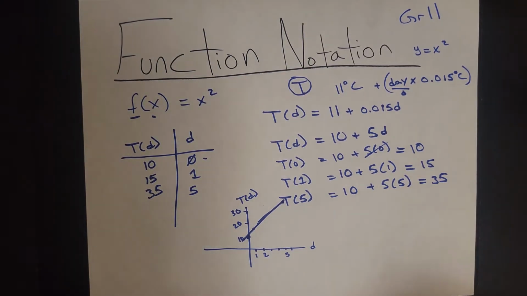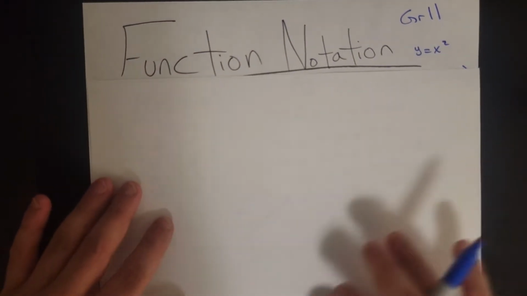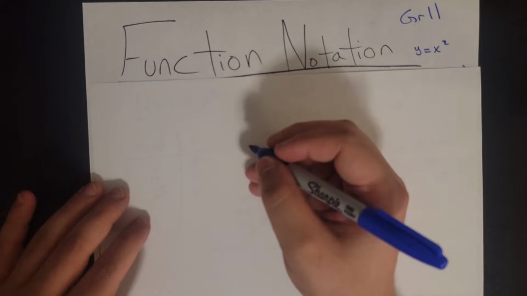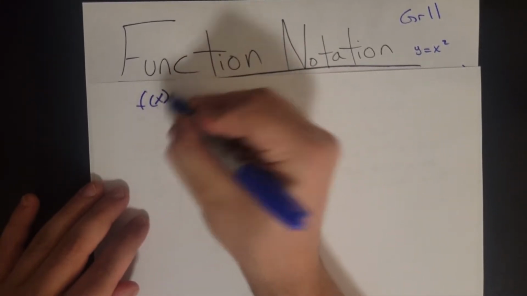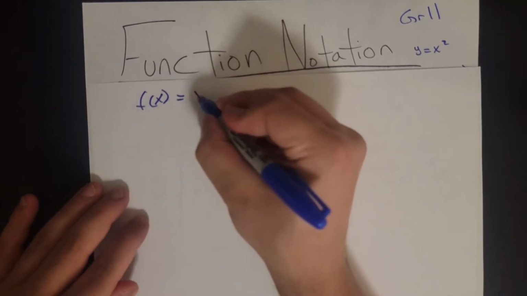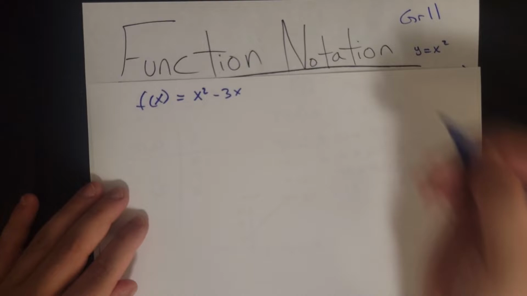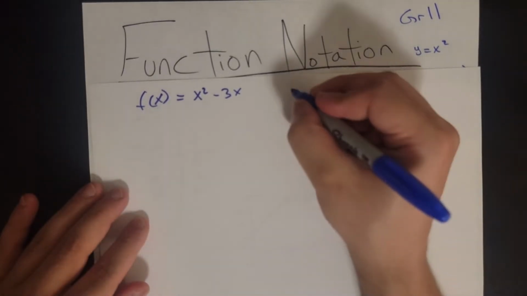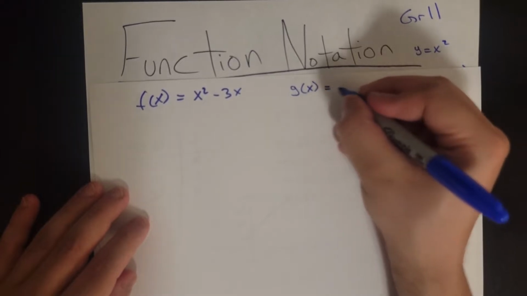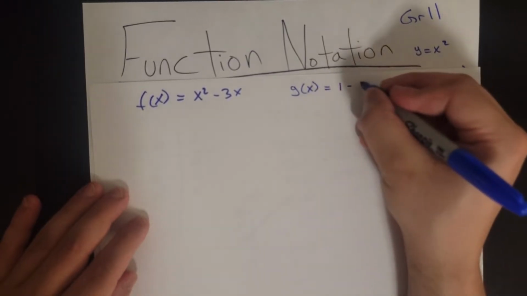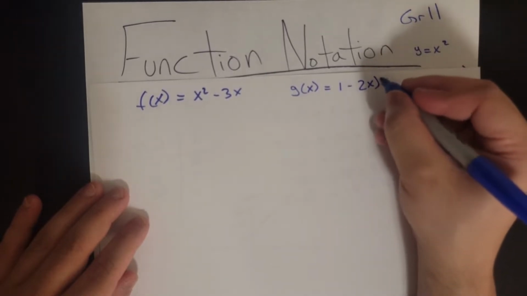I'm just going to put this here, and here I'm going to basically just write two functions. f of x is equal to x squared minus 3x. And I'm going to write g of x is equal to 1 minus 2x.